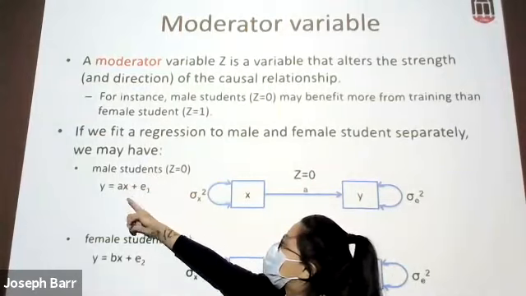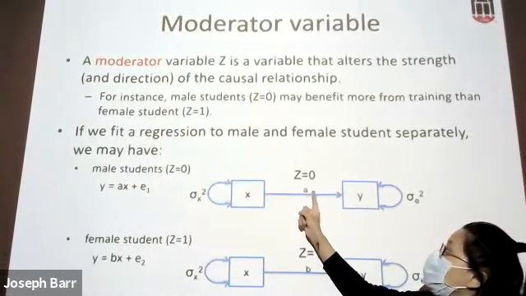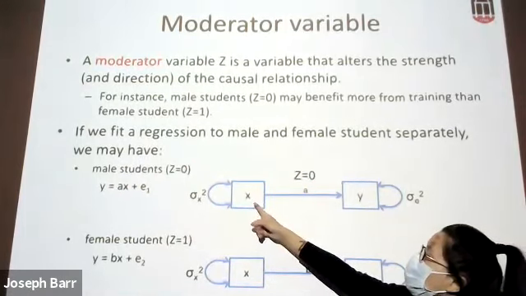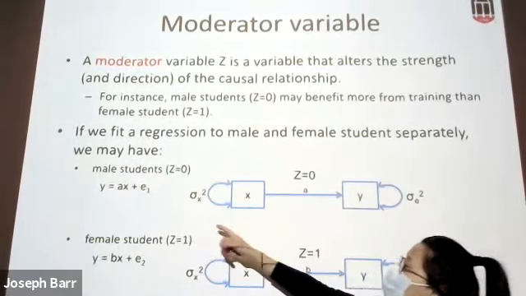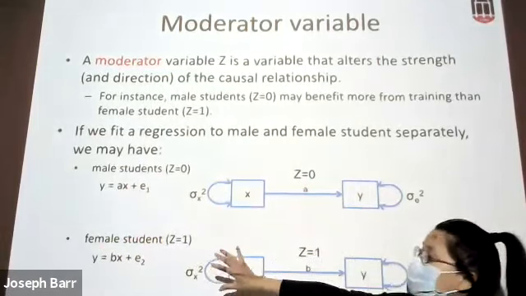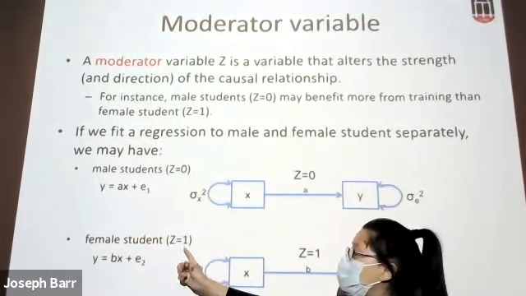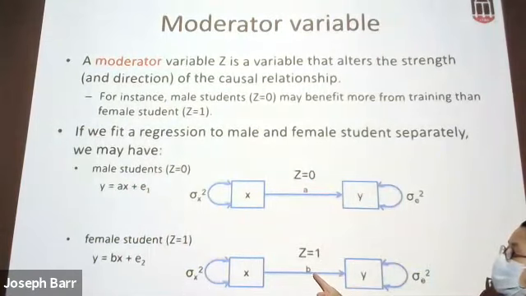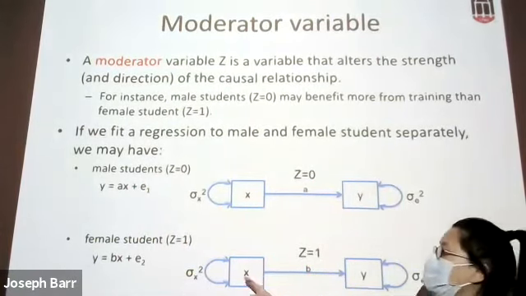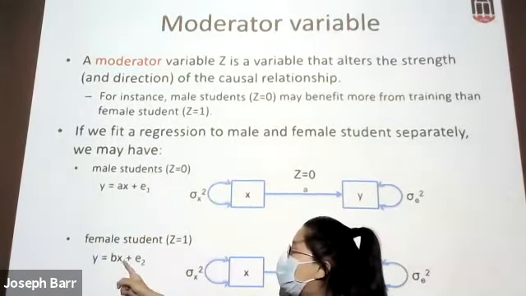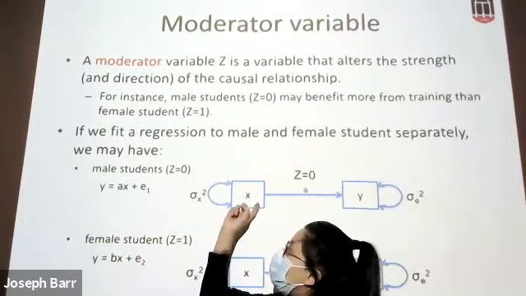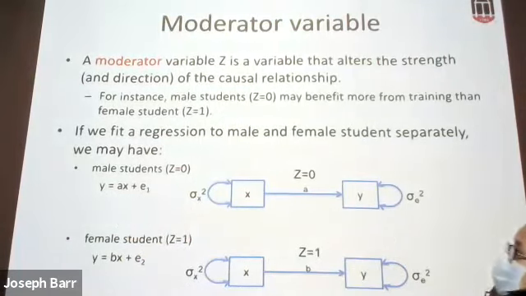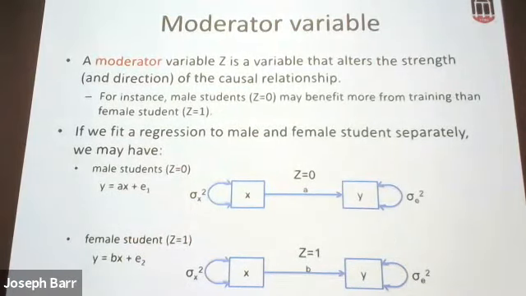For male students, the coefficient becomes A. So X influences Y, the coefficient is A. But for female, when Z equals 1, for female students, the coefficient is B. So Y is B times X plus the residual. For the male group, Y is A times X plus the residual part.